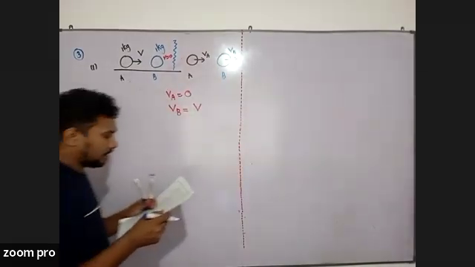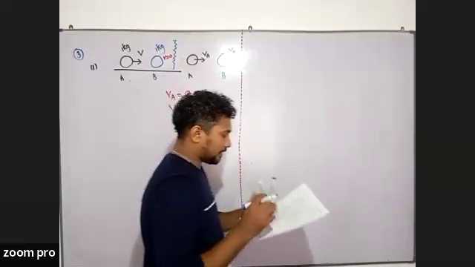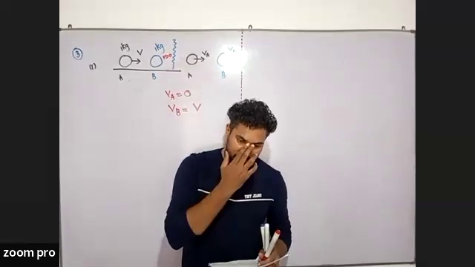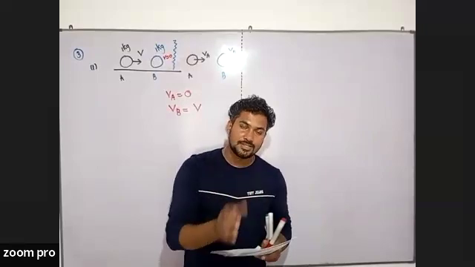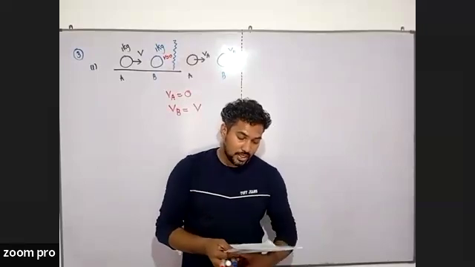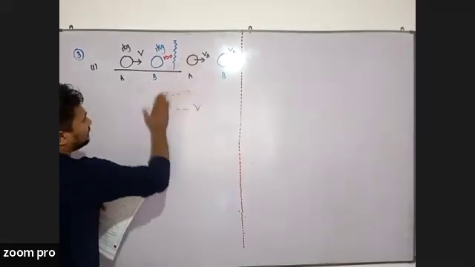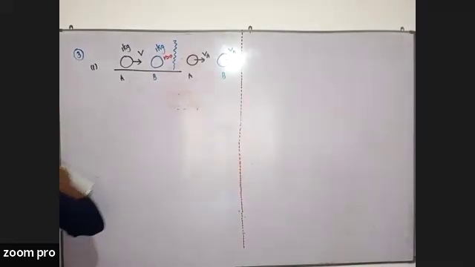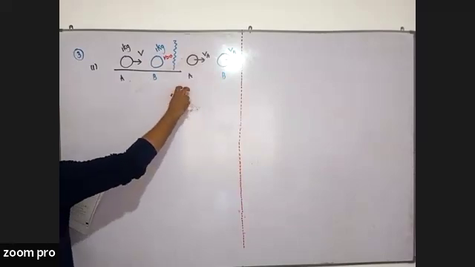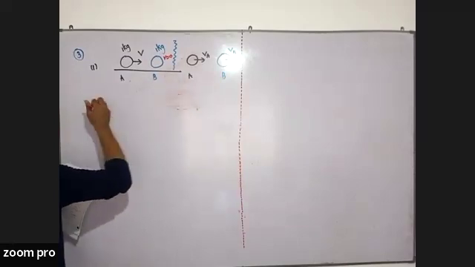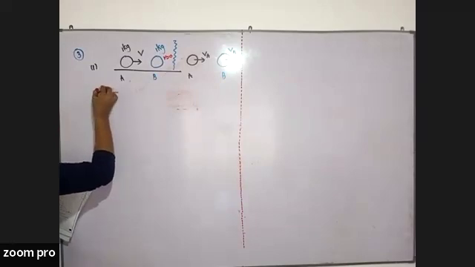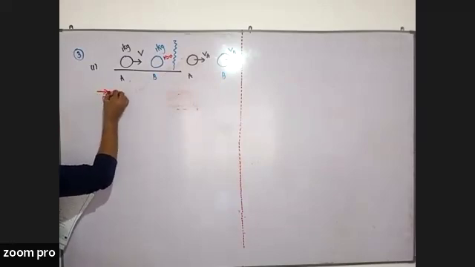All right, so guys, I made a mistake. They asked you to obtain a relationship, isn't it? I thought they were asking about the final conclusion, but they are asking about applying the momentum conservation law.